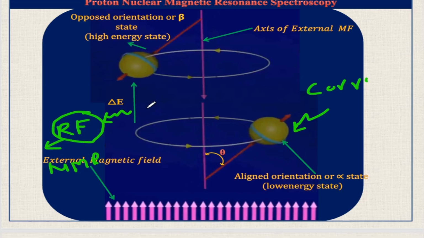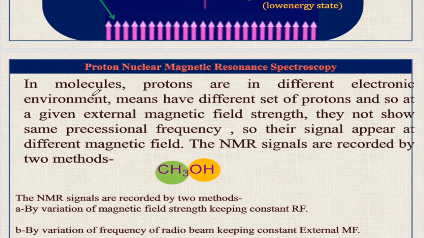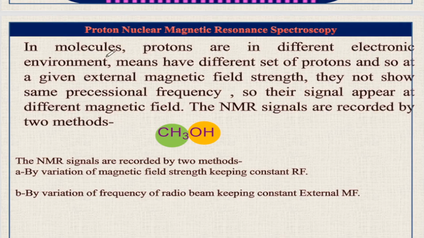Now in molecules, protons are in different electronic environments. If we take a CH4 molecule, the environment of all four protons is the same, so all four protons absorb at a particular external magnetic field.